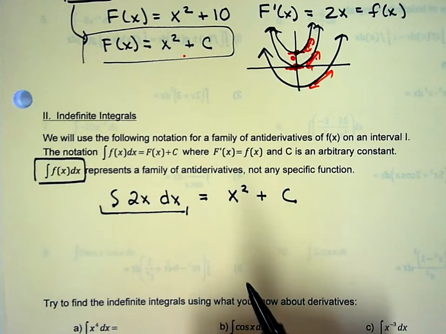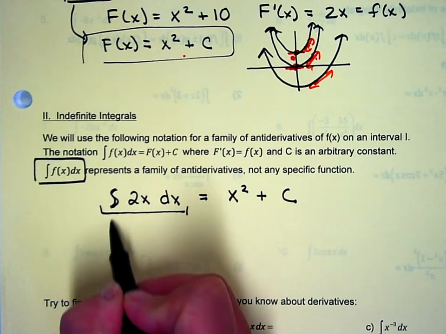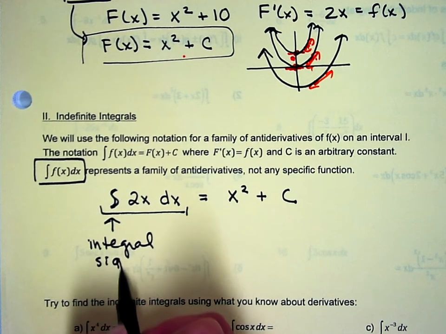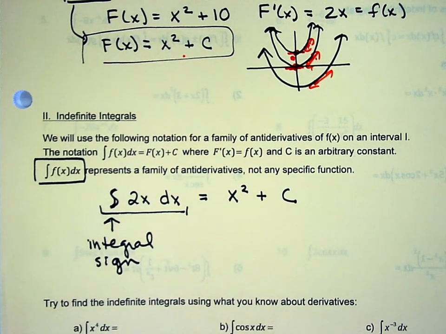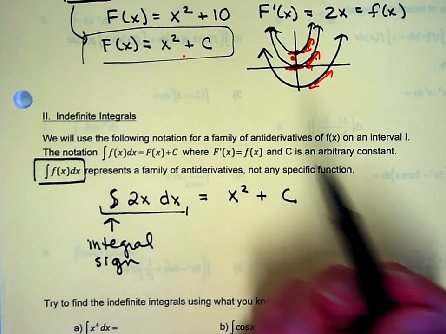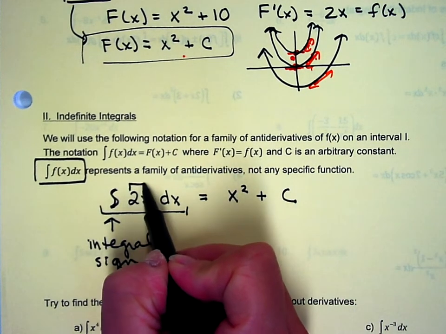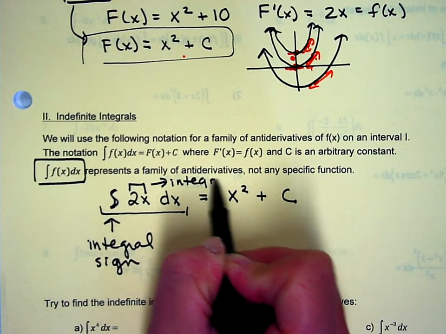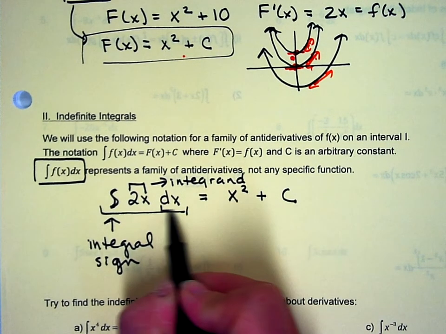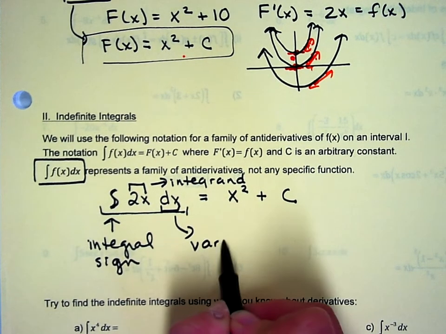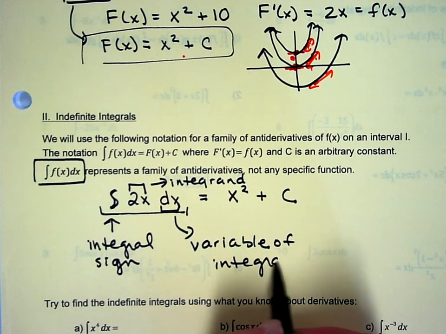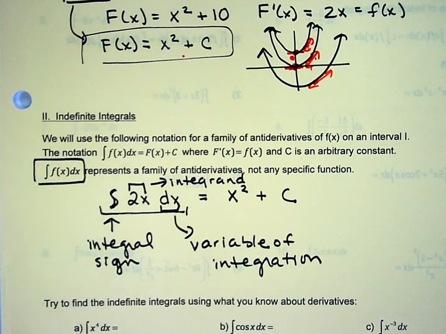This piece right here is called an integral sign. That's the operation that's performing the antiderivative process. This whole thing, the function itself, is called the integrand. This piece right here is called your variable of integration. But the whole thing is called your indefinite integral.